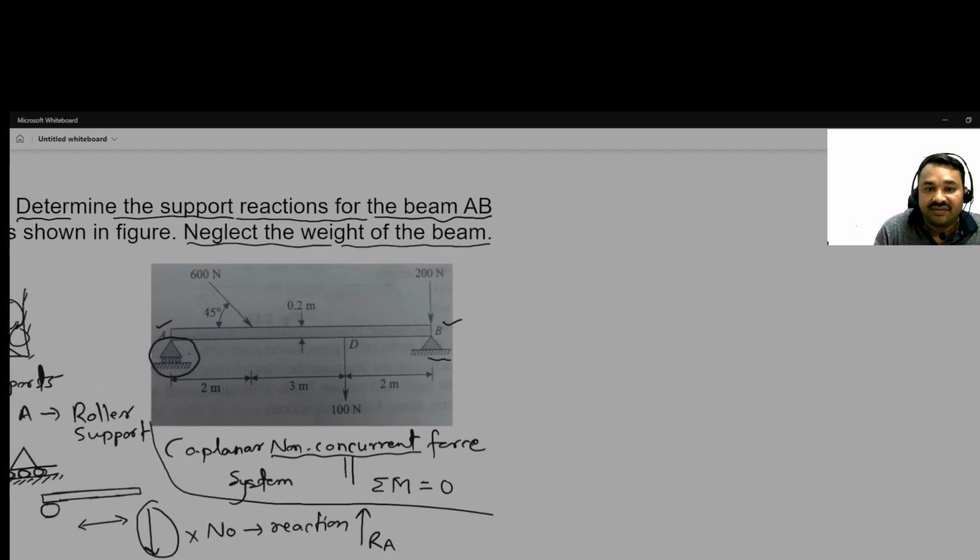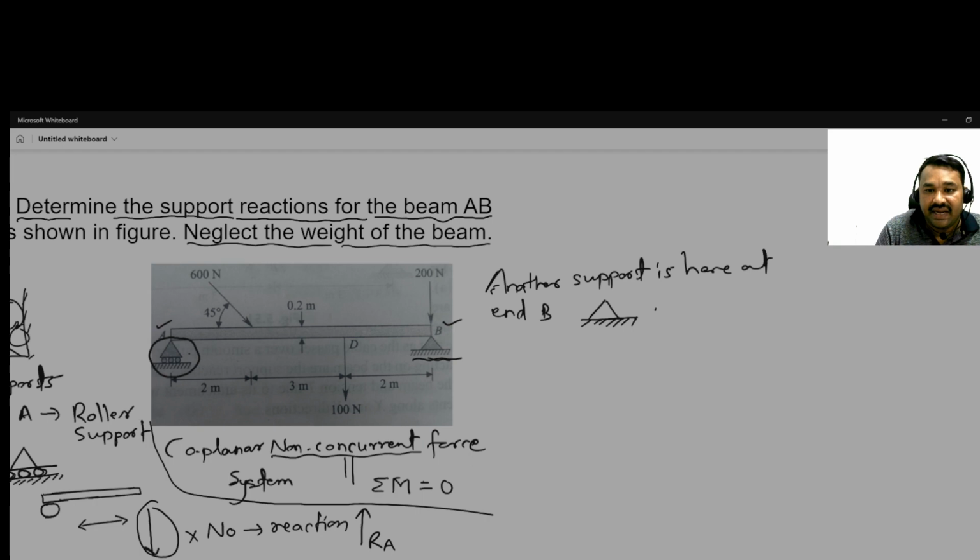And the other support is here at B. Here you can see at B, this one. Which kind of support?